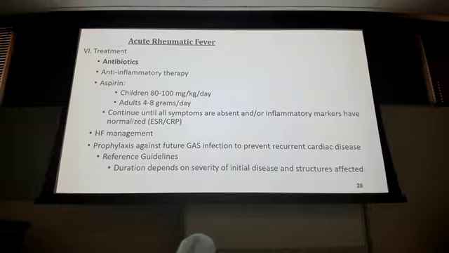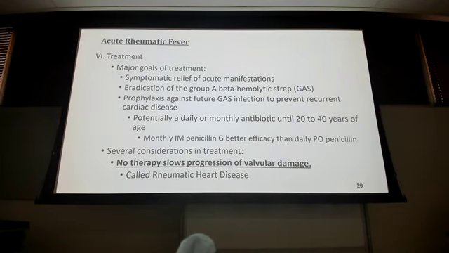But does it make sense also that if you've had acute rheumatic fever once, if you get another strep infection in your future, you're going to be at a higher risk of developing acute rheumatic fever again? And the answer should be yes, right? And unfortunately, these patients are going to need prophylactic antibiotics for a period of time.